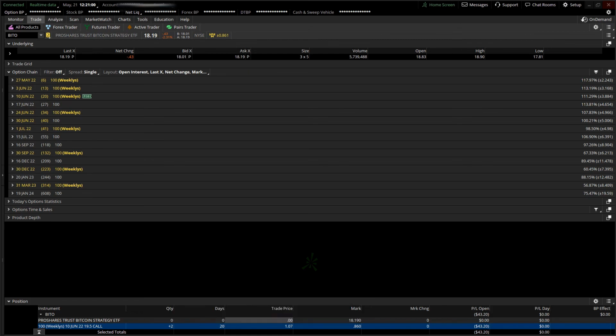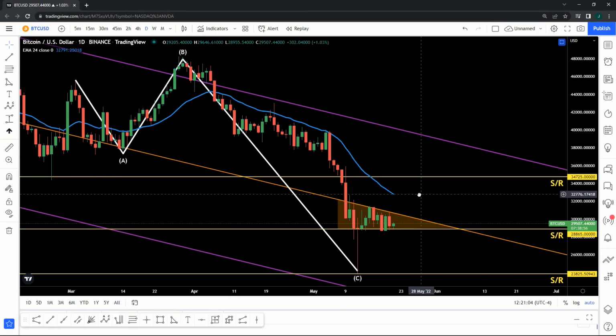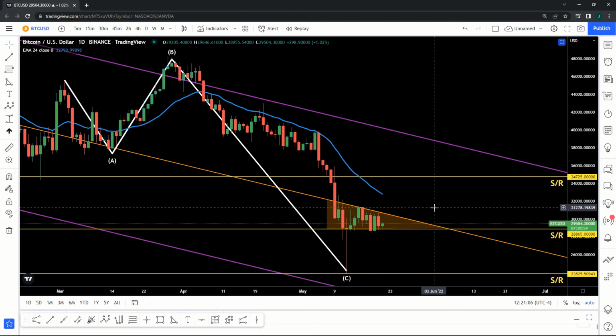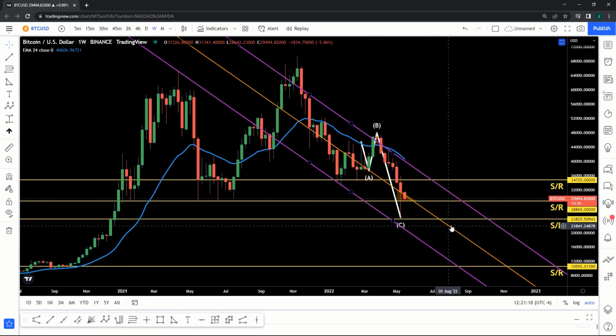So that's the gist of my bullish position and my long-term outlook for Bitcoin. Again, everything depends on whether or not 28,000 holds. If it doesn't hold, then 23,000 has got to hold.